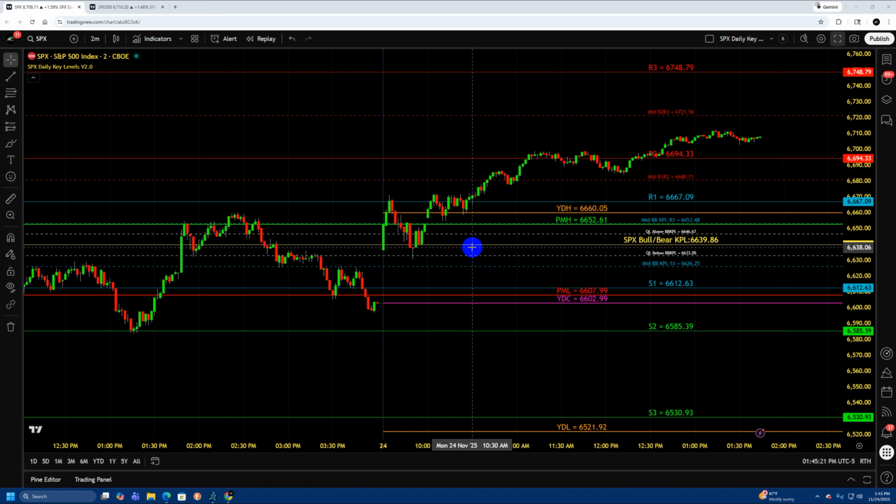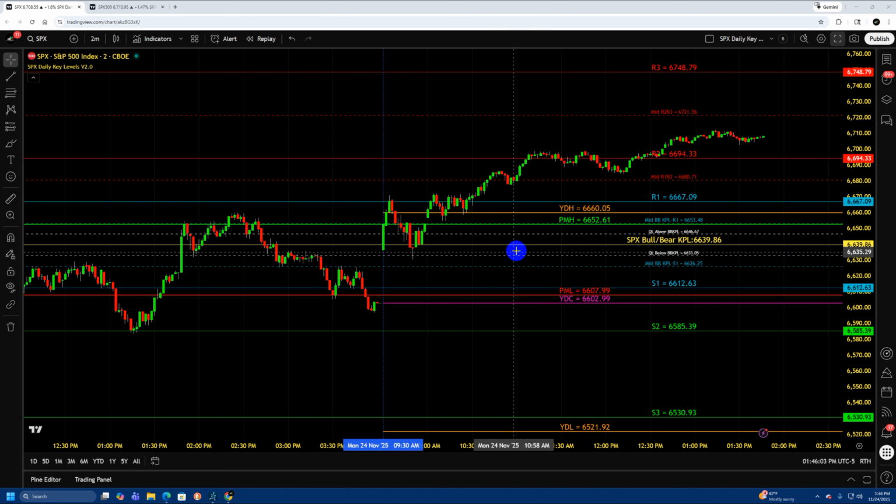What we mean by that is that you will be opening and closing all of your positions while using this indicator within the same session. Then you would end the session flat for the day, look forward to the next day's session when you have new key levels, and make new day trades off of those levels if you happen to be trading that session as well.